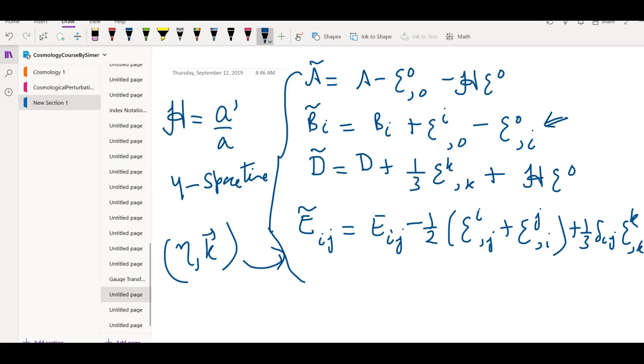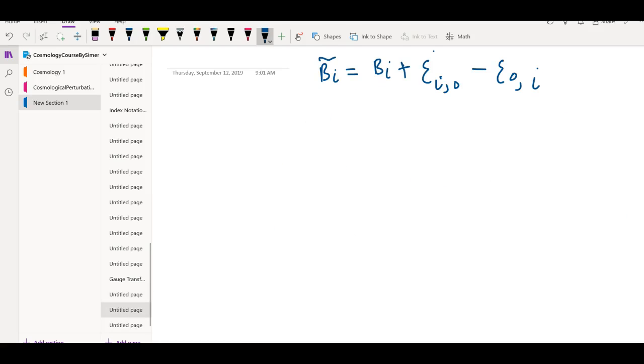This one. So we have B tilde is B tilde i in k space, and this is Bi in k space.